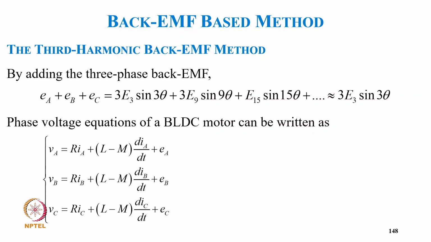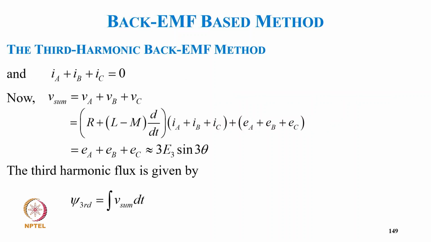The phase equations of the motor can be written as VA equal to R IA plus L minus M dIA upon dt plus EA. Similarly, VB equal to R IB plus L minus M dIB upon dt plus EB, and VC equal to R IC plus L minus M dIC upon dt plus EC, and IA plus IB plus IC is equal to 0.